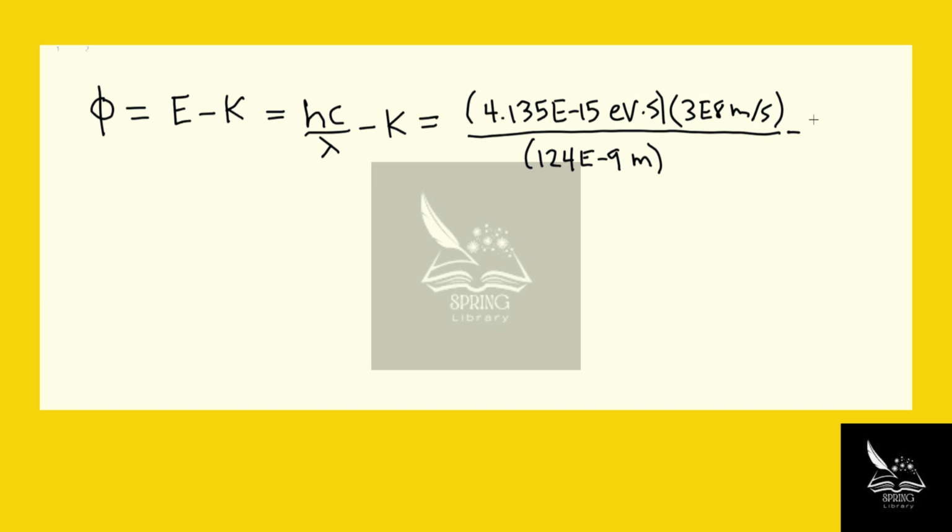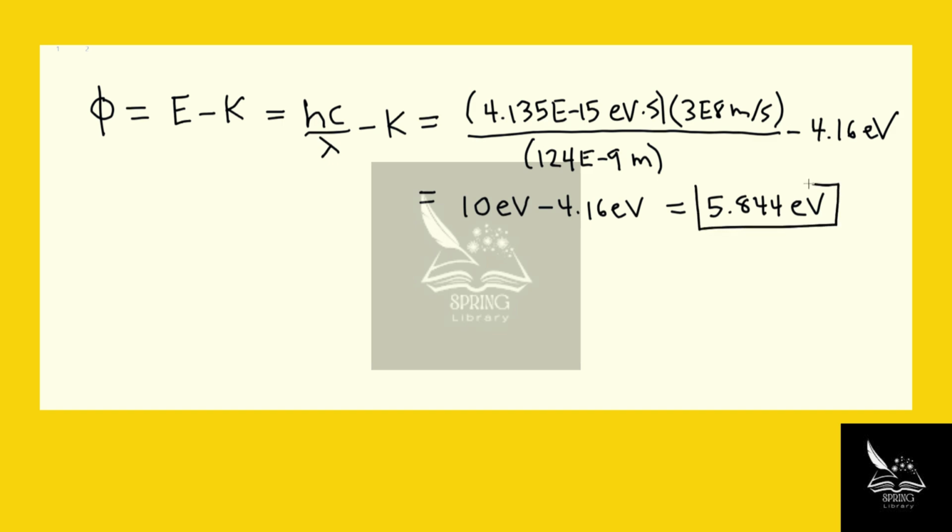We're going to subtract the kinetic energy per photon, which is 4.16 eV. And we actually find that this whole quantity ends up being exactly 10 eV, which is somewhat convenient. Which will end up giving us a work function of 5.844 eV, one of the things we're asked to solve for.